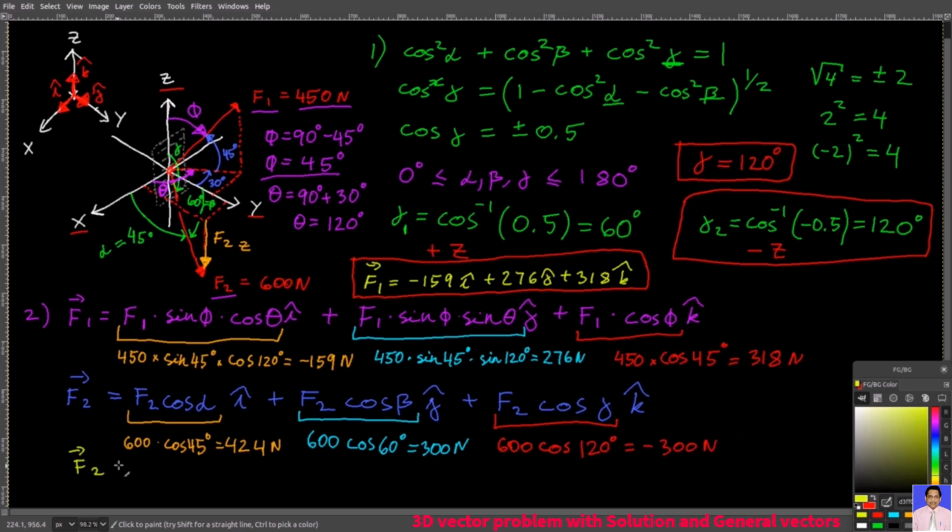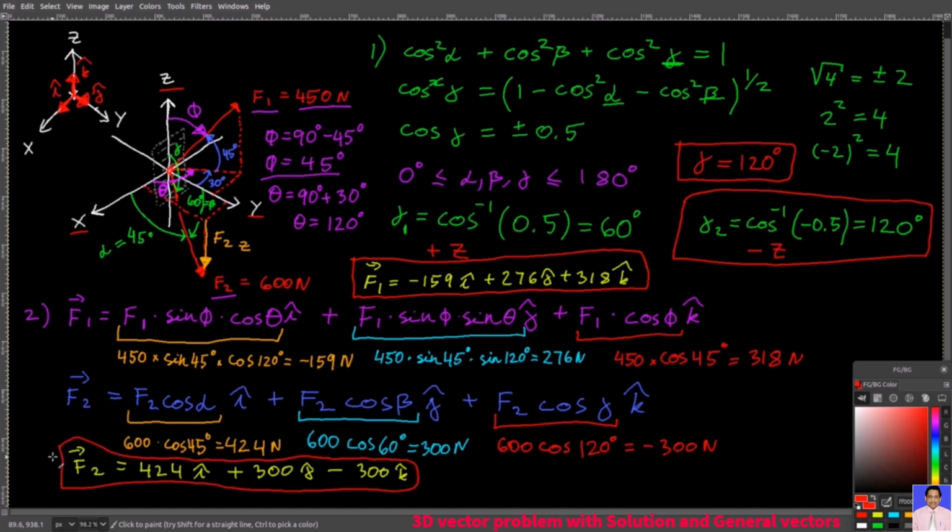So F2 vector equals 424i plus 300j minus 300k. And that's it, we have decomposed our F2 vector. Again, visually you can see that it makes sense because it has a positive x and y component and a negative z component. And that's what you can see in this image. You have positive x and y, but negative z.